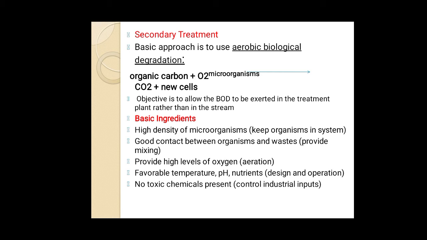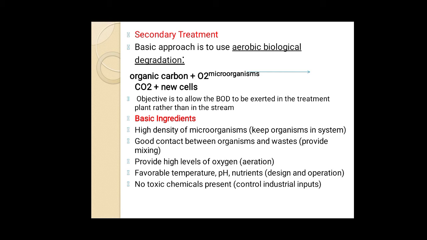Then let us see which type of reaction is exactly done in secondary treatment. The basic approach is to use aerobic biological degradation. We know that aerobic degradation or aerobic treatment means it is done by microorganisms in the presence of oxygen. It's called the aerobic process.